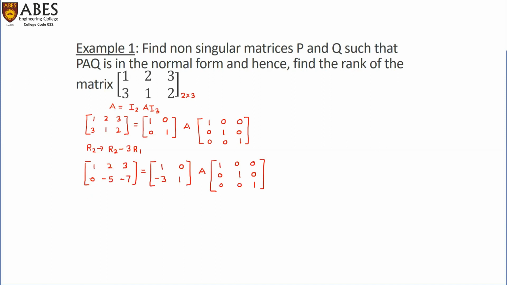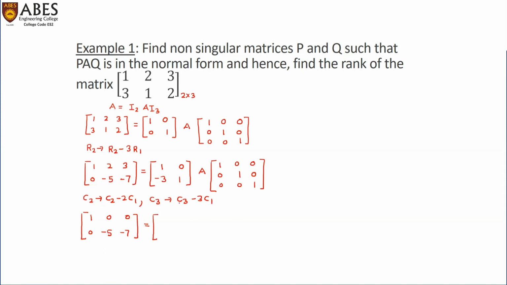Apply the column transformation. With the help of this first column, we make the other elements in the first row 0. So C2 replaced by C2 minus 2C1 and C3 replaced by C3 minus 3C1. This gives 1, 0, 0, 0, minus 5, minus 7.